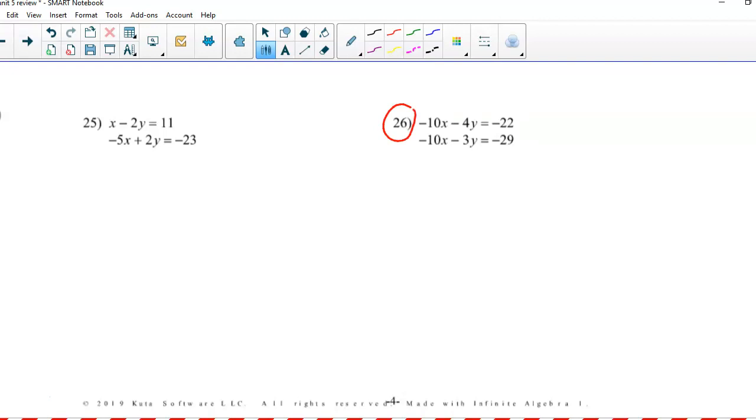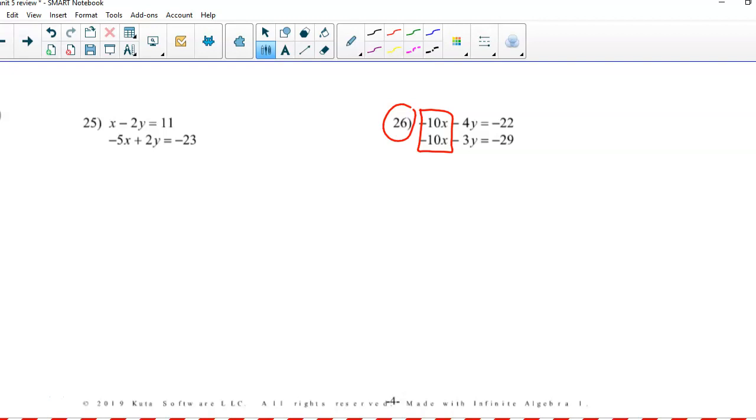Okay. For 26, if we're thinking elimination, do we have a variable with the same coefficient? Yes. Our x's. Would we add or subtract to eliminate these x's? So if we add them, negative 10 plus negative 10 is the same thing as negative 10 minus 10.